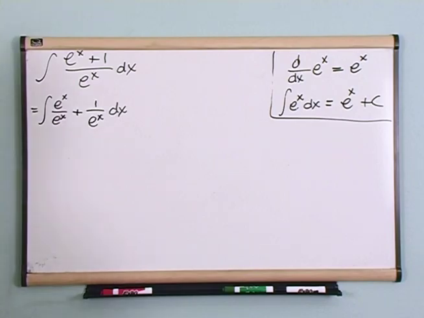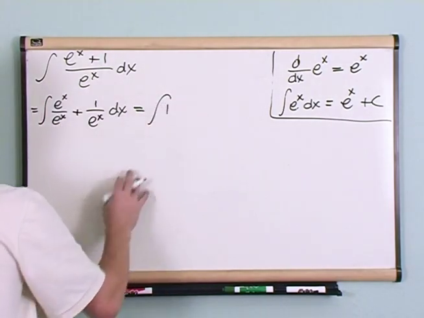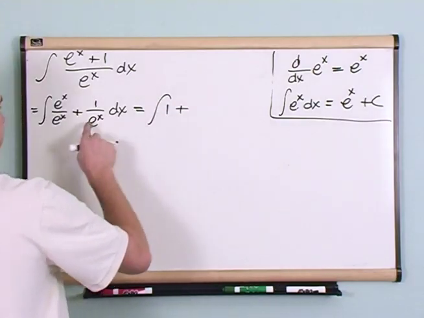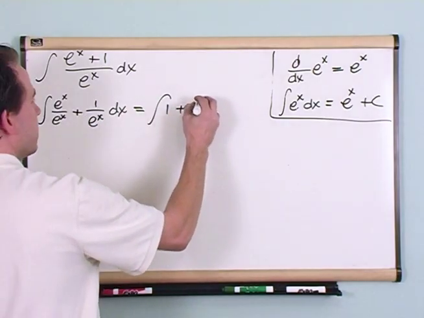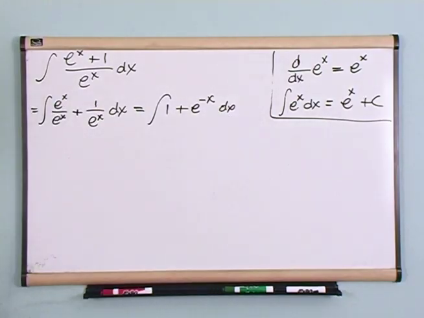Why does that help you? Well, I think you can already see why it helps you. This becomes 1, okay? And this over here becomes e to the minus x, which isn't too bad.